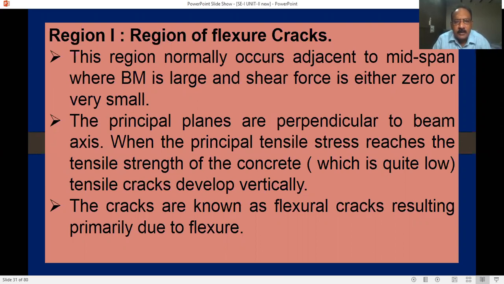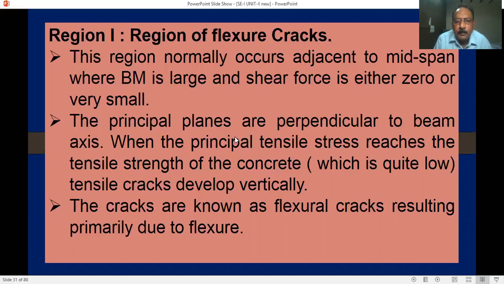So region 1 is the region of flexure cracks. In continuation, the principal planes are perpendicular to the beam's axis. When the principal tensile stresses reach the tensile strength of concrete, which is quite low, tensile cracks develop vertically.